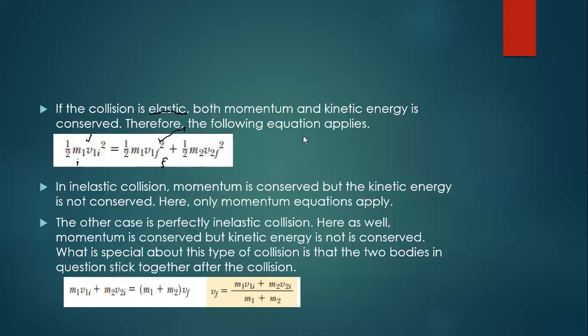And are we together thus far? No, sir. I'm now confused. Okay, Chipo? Yes, sir. Here you're saying on elastic kinetic energy is conserved. Does it mean one object is at rest? Because you've only written one initial kinetic energy here. Okay, could you speak a little bit louder?